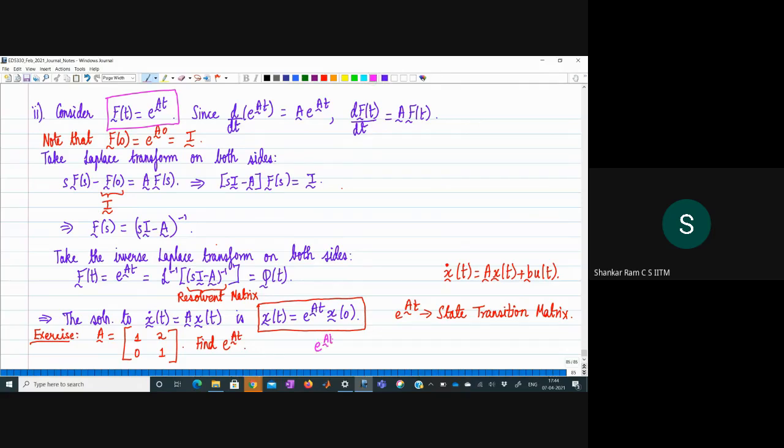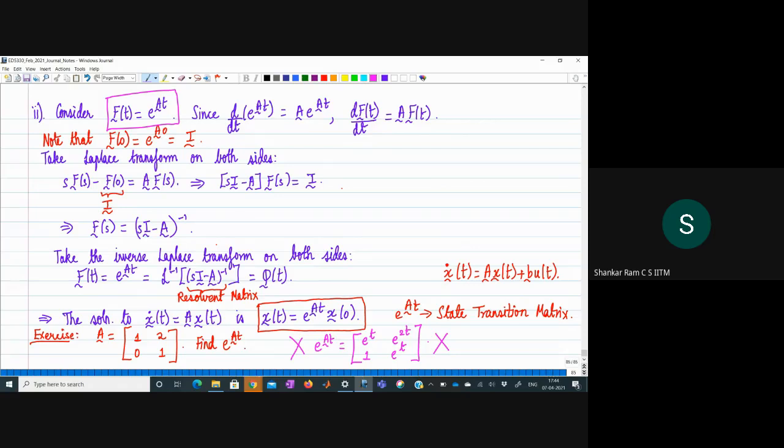I can straight away tell that the solution is not going to be the exponentials of the individual terms. You think the answer is going to be this? We are mistaken. That may be the case in some special cases, but this is not the answer. If we think we can get e power At by taking the exponentials of the individual entries in the matrix, we will get an incorrect answer.